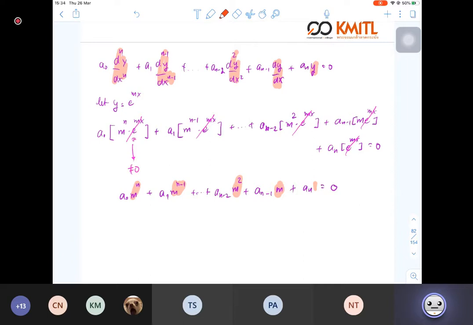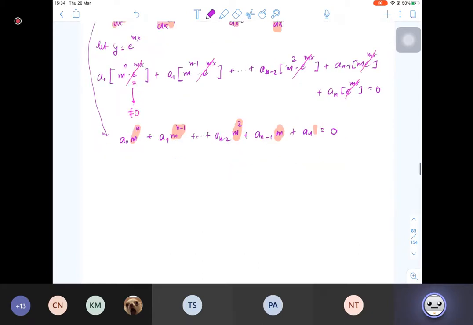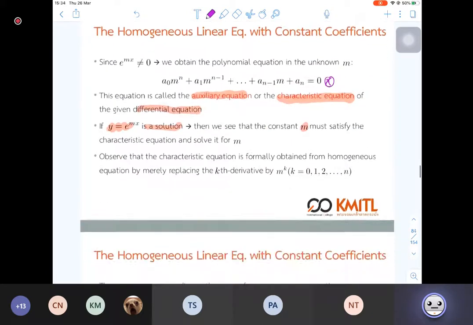So it turns out to be very easy to solve a homogeneous differential equation with constant coefficients. We turn the differential equation into the corresponding characteristic equation, and we solve for this equation instead.